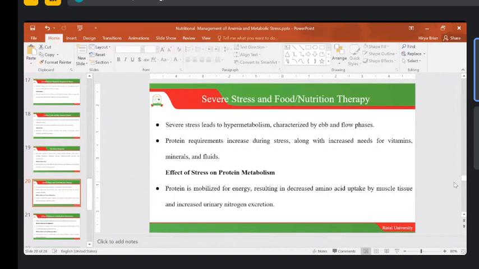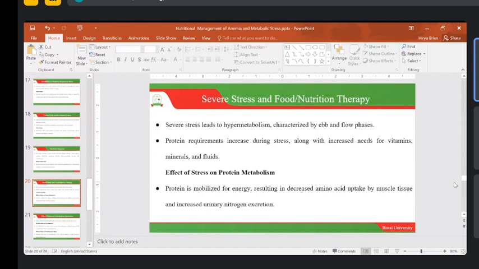Really, during stress, we are looking at an increase in these protein requirements, surely, because we need to account for all those losses, etc.